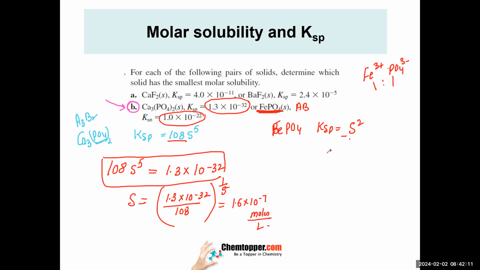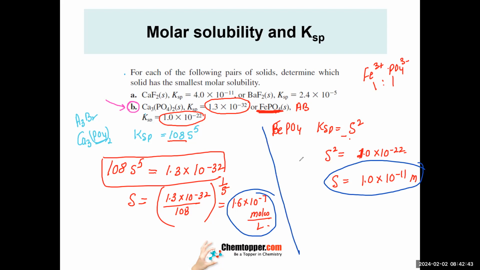For the other, S squared is equal to 1.0 times 10 raised to minus 22. So what is S here? We don't require a calculator. I have to take the square root of that. Units, molar. Now, can you compare the molar solubilities of these salts?